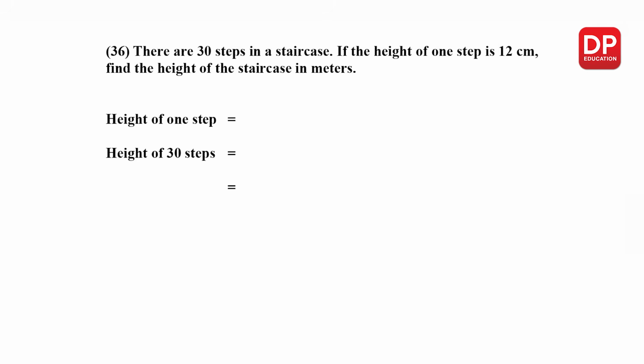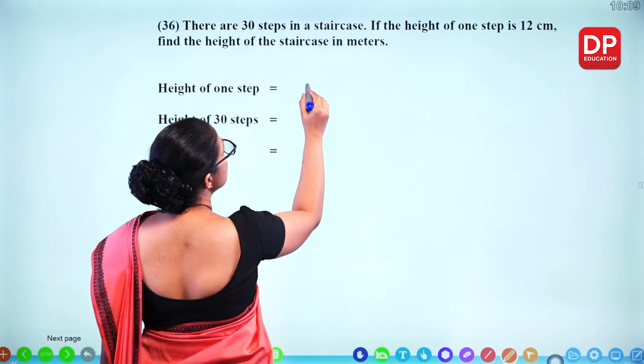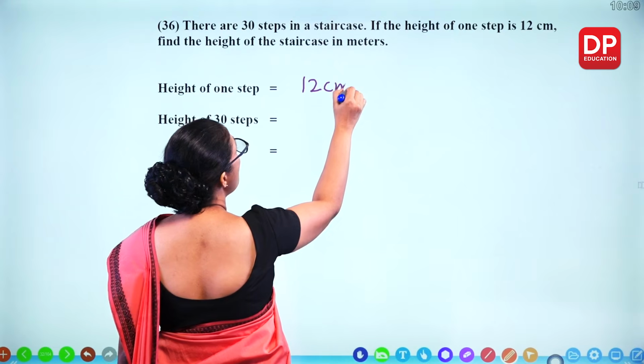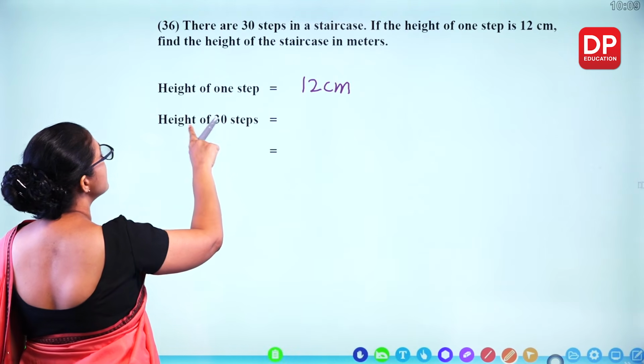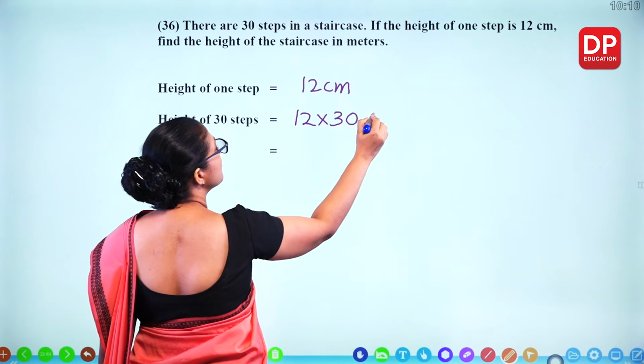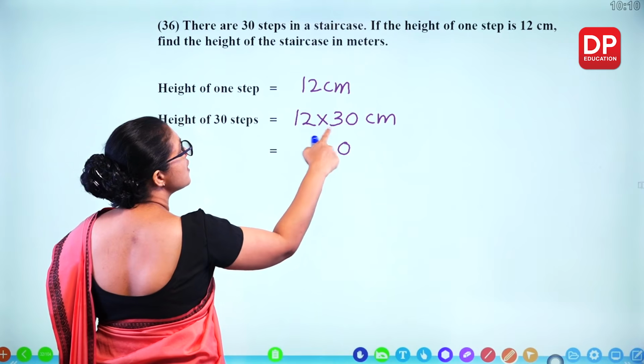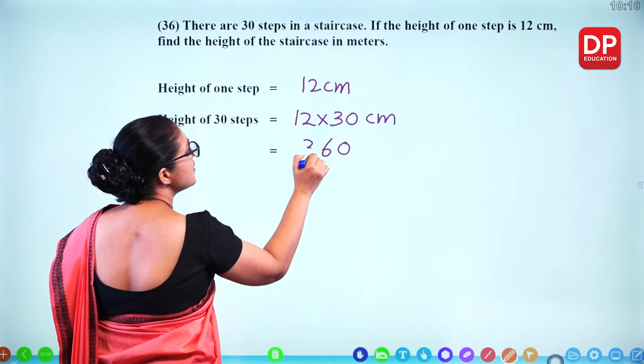There are 30 steps in a staircase. If the height of one step is 12 centimeters, find the height of the staircase in meters. So what's the height of one step? 12 centimeters. So how many steps are there? 30. So the height of 30 steps means you multiply. This is in centimeters. 0, 3 times 2, 6, 3 times 1, 3.